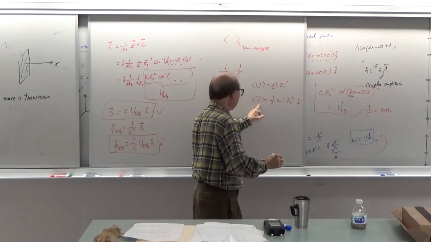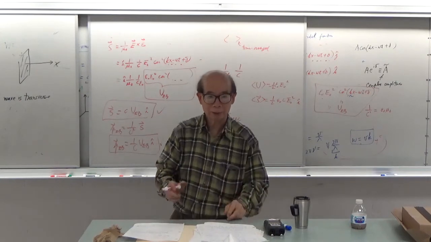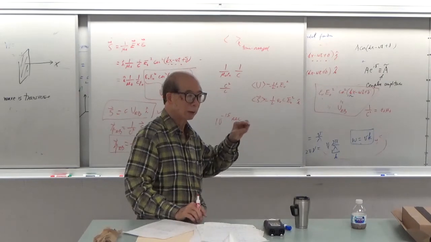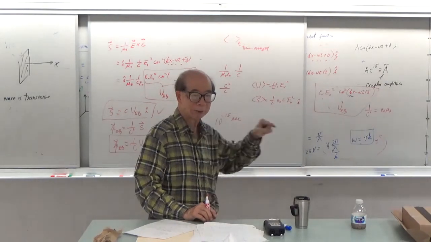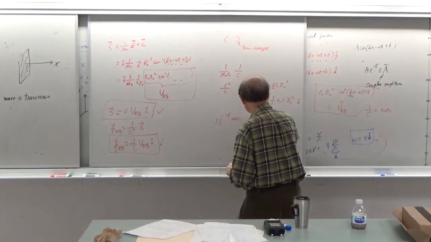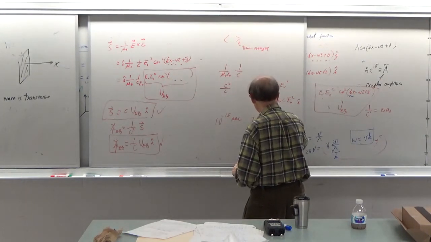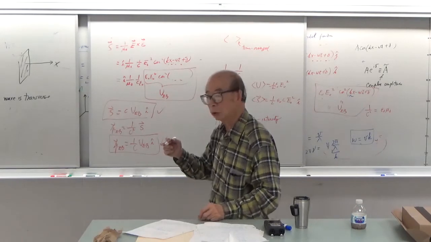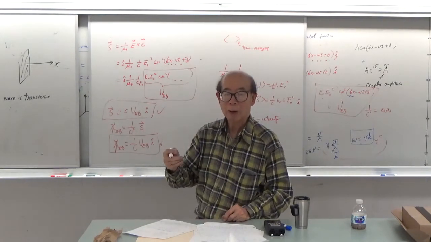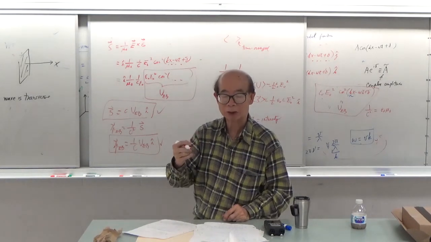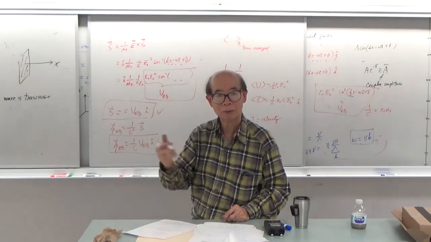Now, the Poynting vector has the meaning of energy flux. It talks about the energy flowing along the direction. So let's now introduce the term intensity of the electromagnetic waves. Intensity is defined to be the average power per unit area that is transmitted along the direction of motion.